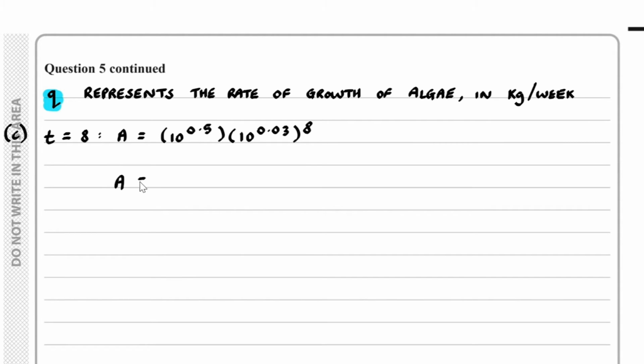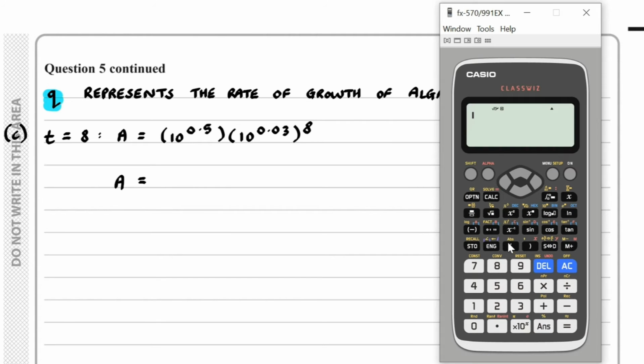So we have A equals 10 to the power of 0.5 multiplied by 10 to the power of 0.03 raised to the power of 8.